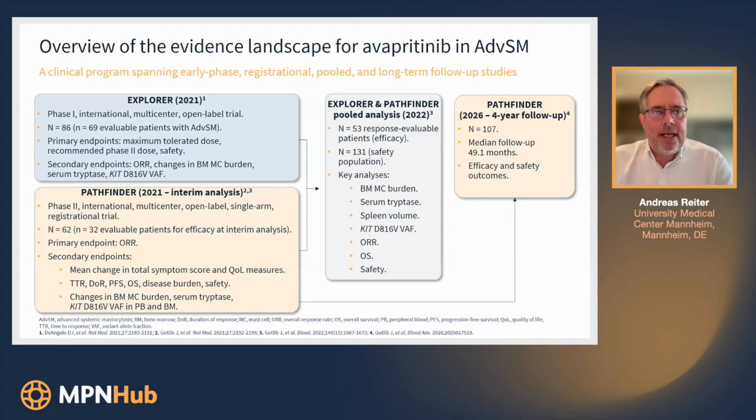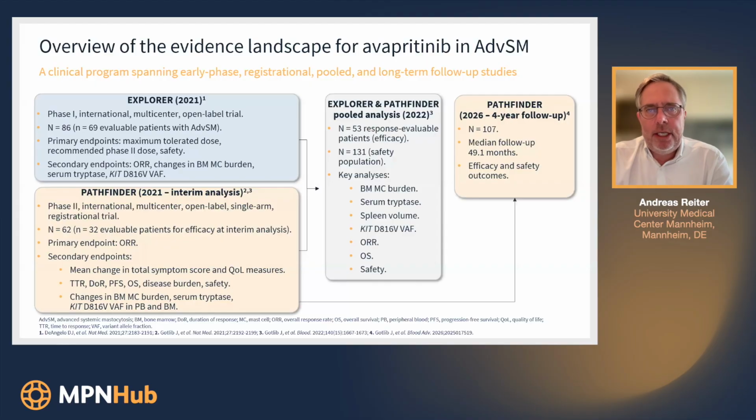Primary endpoint, maximum tolerated dose, recommended phase 2 dose, secondary endpoints, overall response rate, changes in bone marrow mast cell burden, serum tryptase, which is a very nice and very reliable marker in the serum, and KIT D816V allele burden. And then the phase 2 trial, Pathfinder, another international multi-center trial with 62 patients included, 32 evaluable patients.